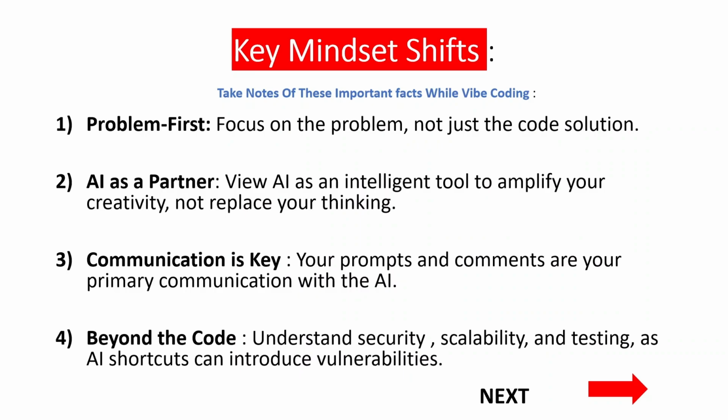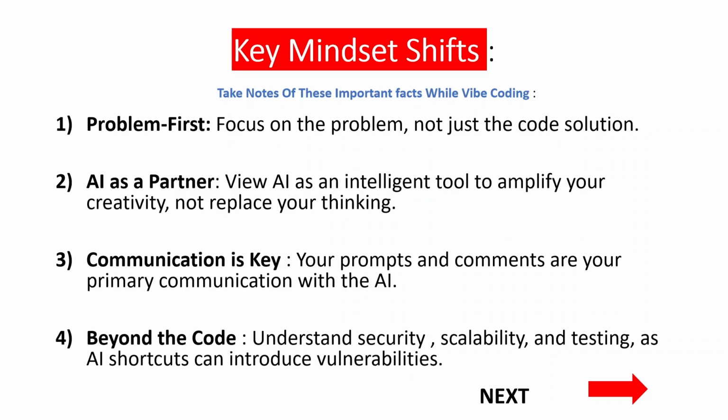You need to understand what you really need to solve. What is the problem? Because in vibe coding, AI will help you write the code, but you need to understand what you really need to solve so that if AI prompts the solution, you know what to do. So you need to focus on the problem, not just the code solution only.